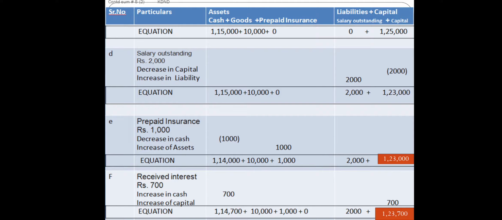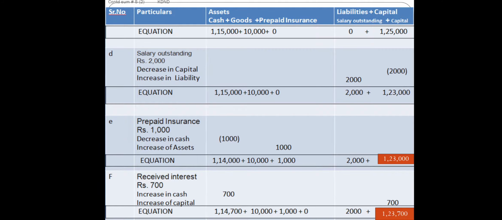We have already paid expenses, so it is an asset for us. So here cash decreases, but at the same time a new column will be prepared, prepaid insurance, reflecting 1,000. So ultimately your equation will be set up by totaling 1,25,000, and simultaneously over here also 1,25,000.